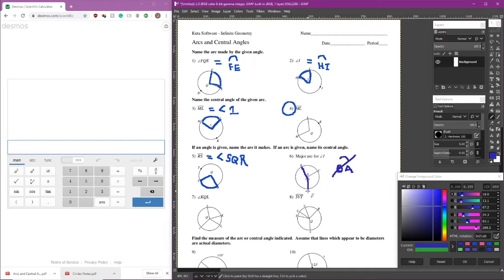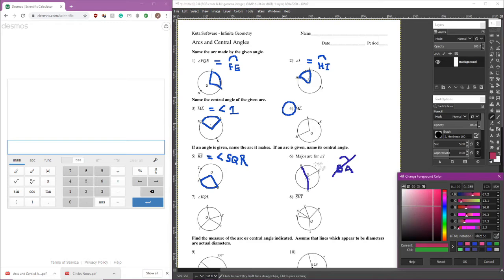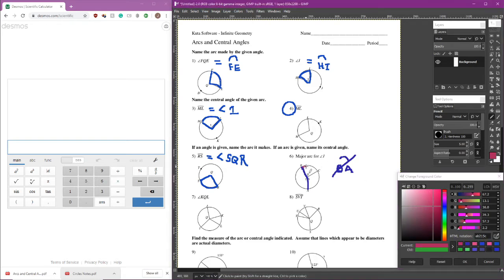That's less than half the circle. The major arc is more than half the circle, more than 180 degrees. So we would want to start with point B, go through point C, end at point A. So the major arc is BCA.